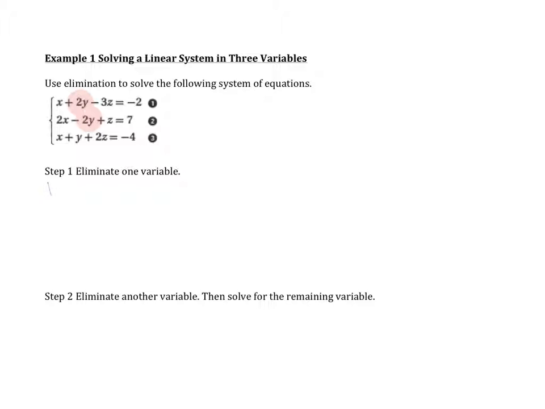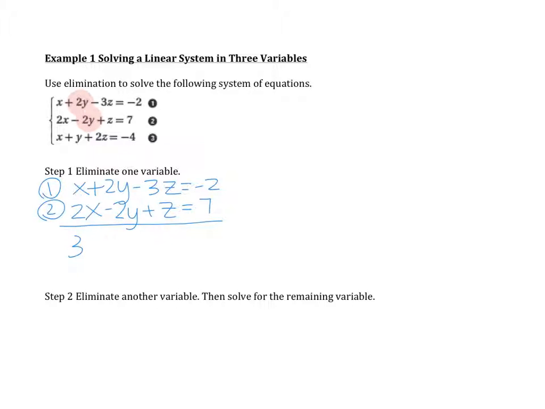So I'm going to take equations 1 and 2. Like I said, I want to add them together because that easily eliminates the y. Okay, so that gives me one equation in 2 variables. I need to come up with another equation in 2 variables.